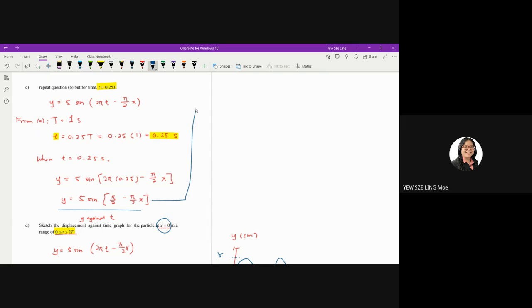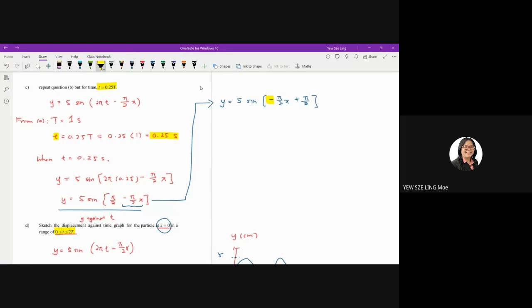But how are we going to rearrange the equation? We need to move the part with the unknown to the front. So rearranging, y equals 5 sine (negative pi over 2 x plus pi over 2). Now again, we cannot leave the equation with a negative. What should we do with this negative? We want to take it out.